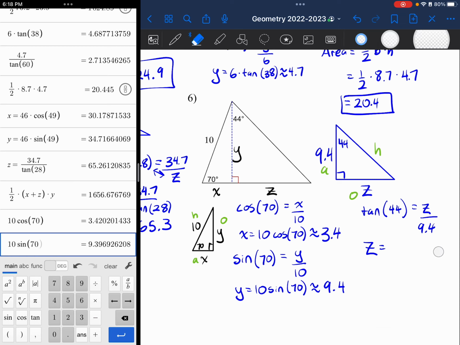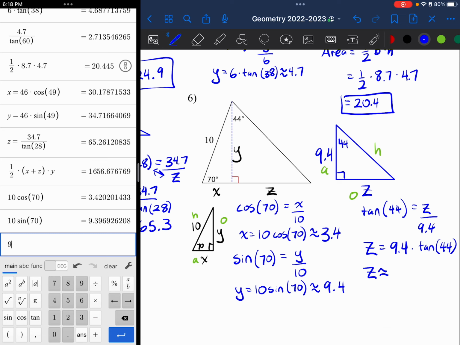Here, let me try that again. 9.4 times tangent of 44. And that z value, therefore, is about what? It's coming down here. And that's going to be 9.4 times tangent of 44.